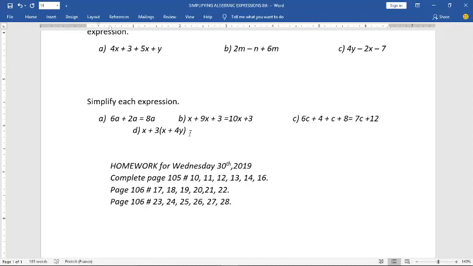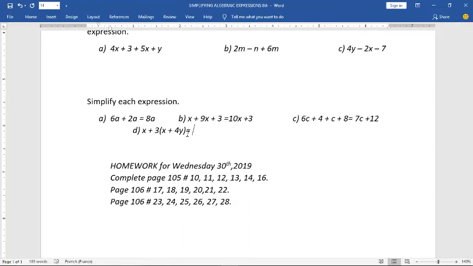No, it's not complicated. We just need to use the distributive property. x plus 3 parenthesis x plus 4y. What is the answer?